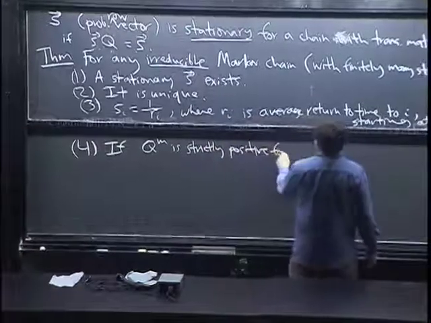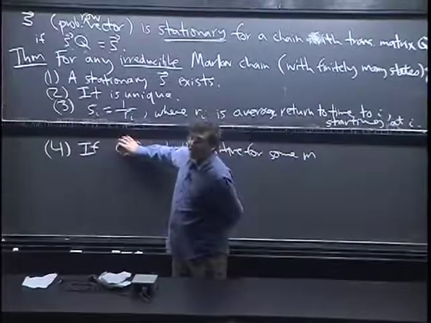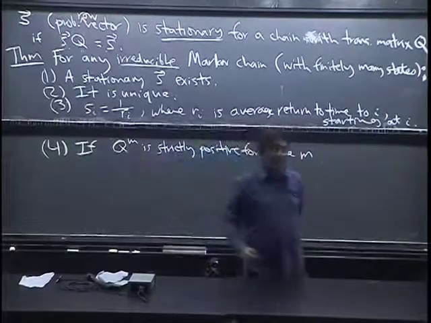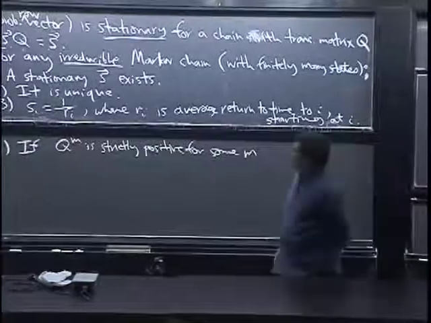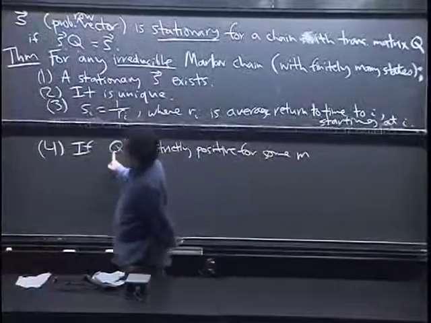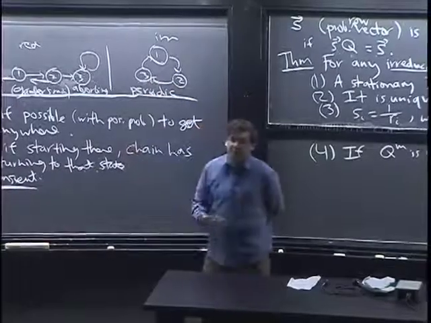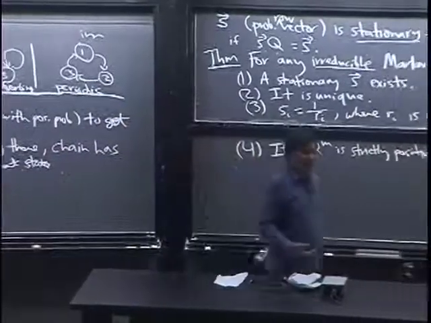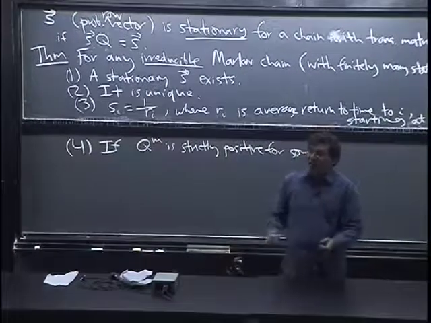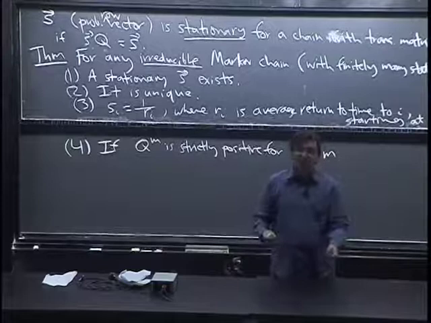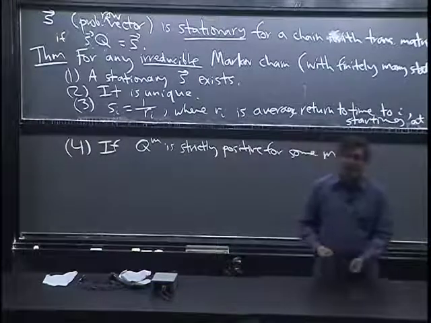That also implies irreducibility, because remember, Q^m is the m-step transition probabilities, the probability of going from somewhere to somewhere in exactly m steps. So if you write out the transition matrix for this example, it's just a 3 by 3 matrix that you can write down easily, and you start taking powers of that matrix, what you'll see is that annoying zeros show up in some places, and then you take another power and the zeros move, and the zeros oscillate back and forth.